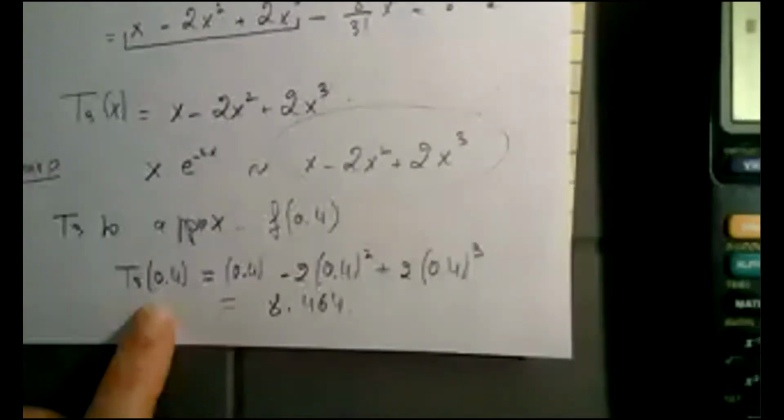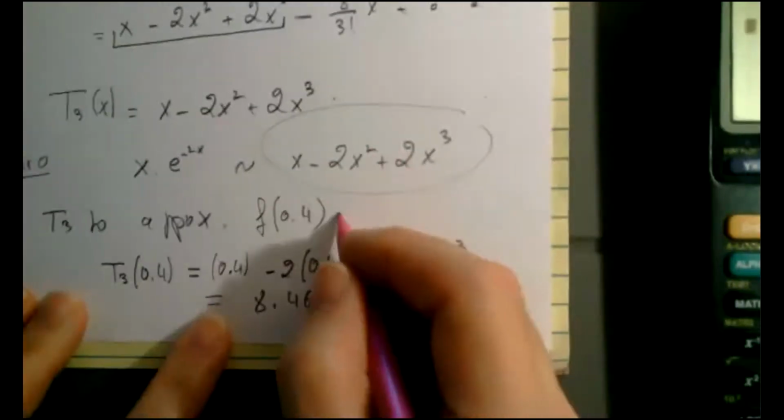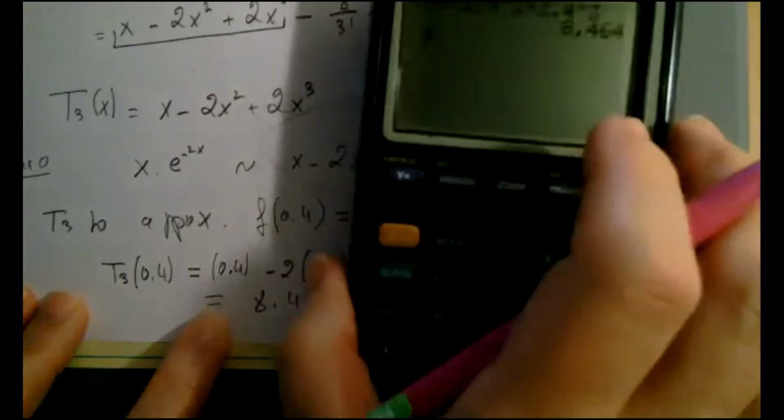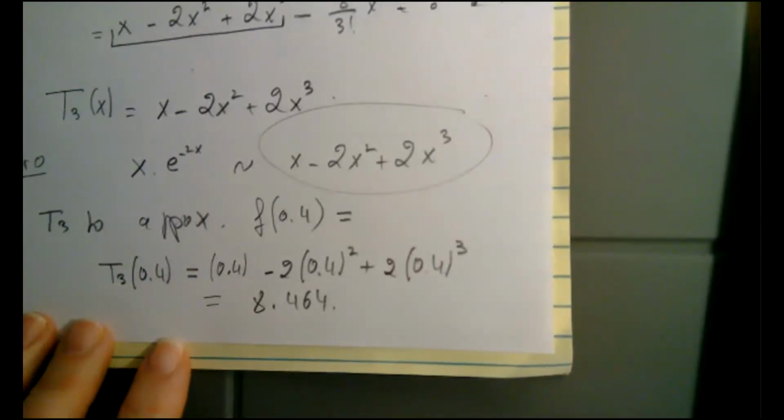Now let me compute the value of the function at 0.4. So the function itself, what value does it take? It's 0.4 times e to the power minus 2 times 0.4. Okay, there is something not right. Can anybody figure out the mistake?